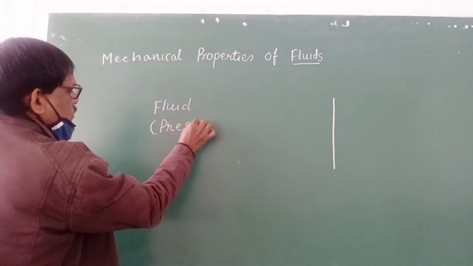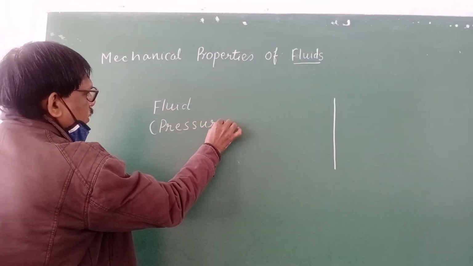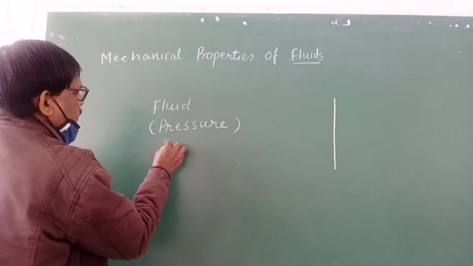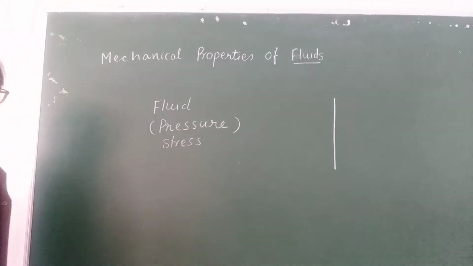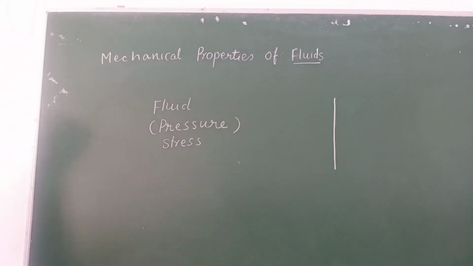It depends upon how much pressure or stress is acting on that fluid or liquid. When we talk about the fixed volume of a solid or liquid, we mean its volume under atmospheric pressure.